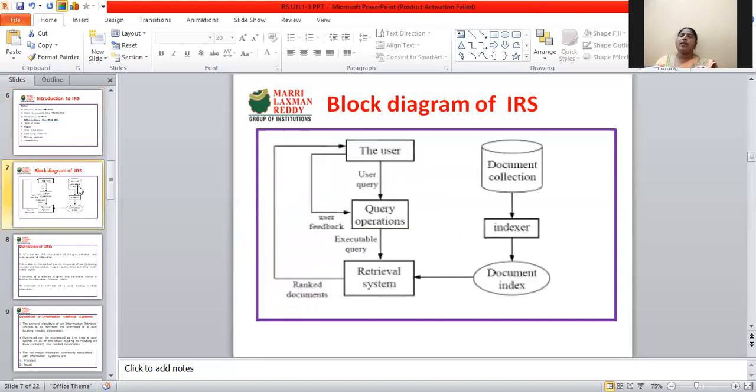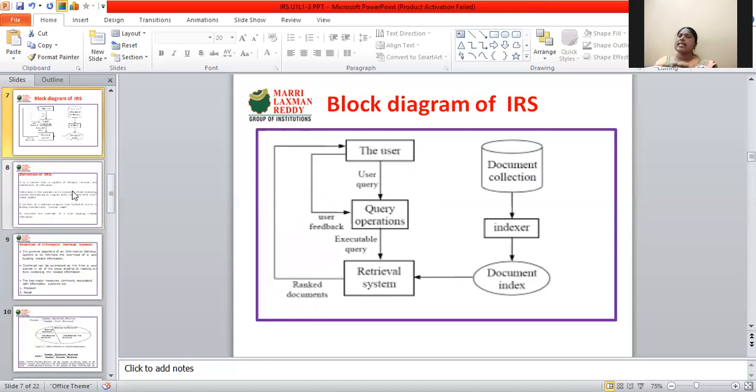In the next one, the block diagram of IRS. What is the working of IRS? The most exact example of an IRS is Google search. Here the user applies any query in a text box.